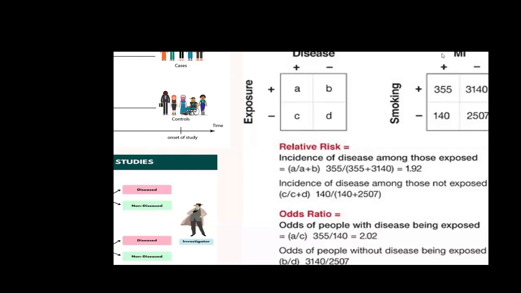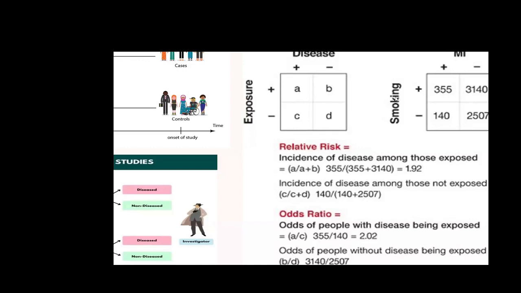So this is one example I am taking: exposure and disease, where exposure is smoking and disease is MI.